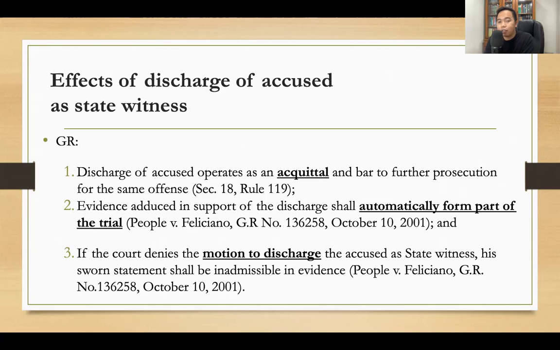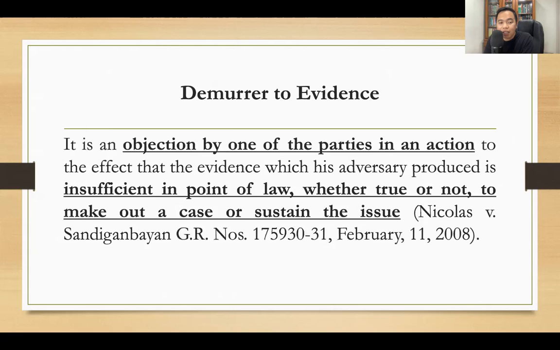It will bar further prosecution for the same offense, and the evidence adduced in support of the discharge shall automatically form part of the trial. Okay? But if the court denies the motion to discharge the accused as state witness, his sworn statement shall not be admissible in evidence.